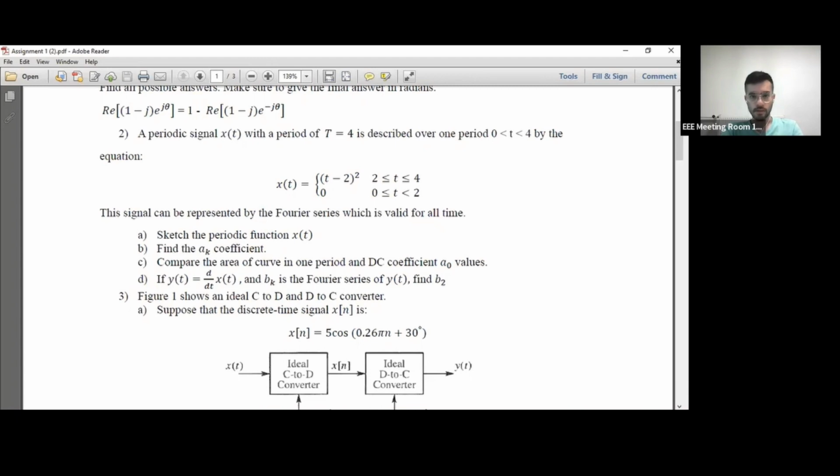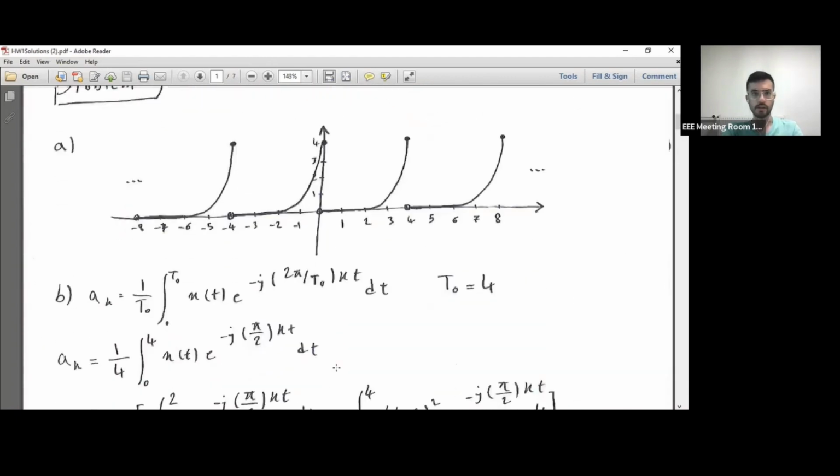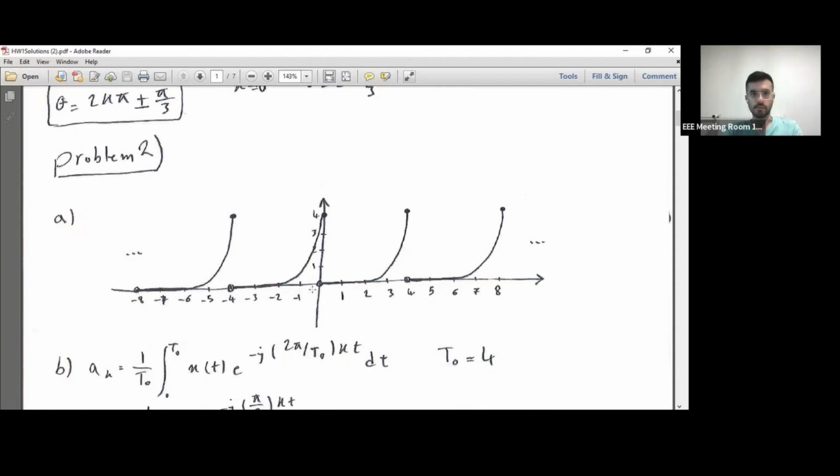This is the easiest part. The sketch is like this. From 0 to 4 is this signal. From 0 to 2 it is 0, and after that we will have (t minus 2) to the power of 2.